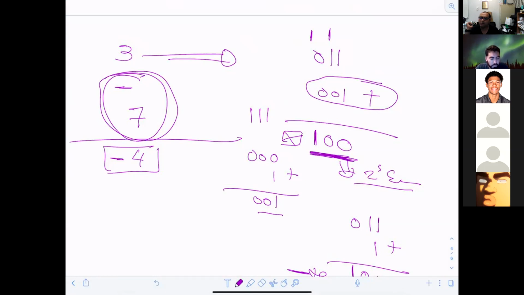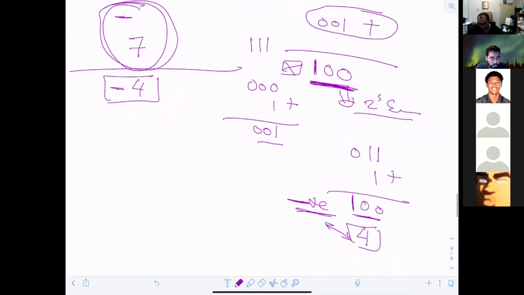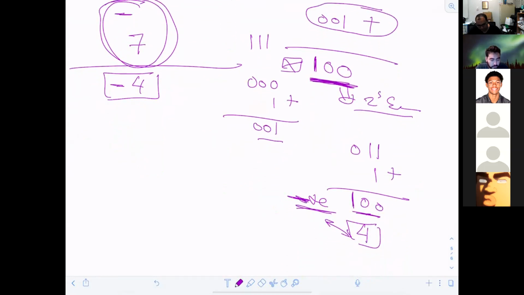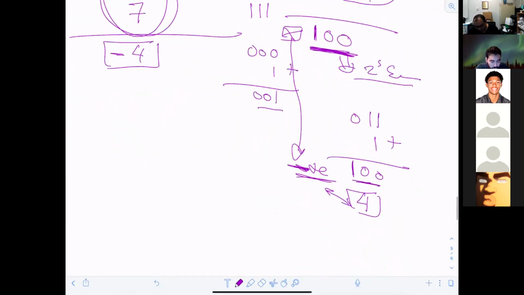Then it is complemented again to get the value, and automatically you translate it as negative. So you just complement 4 to be 4, but you know that now it's a minus 4. Oh, okay, I see. Thank you. You're welcome. Any other question?